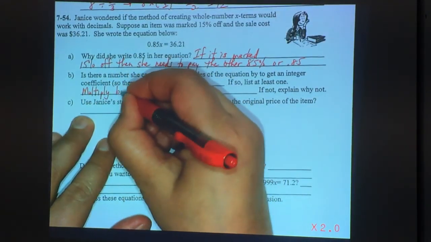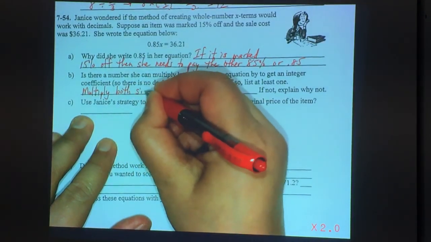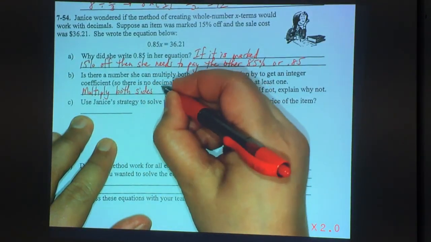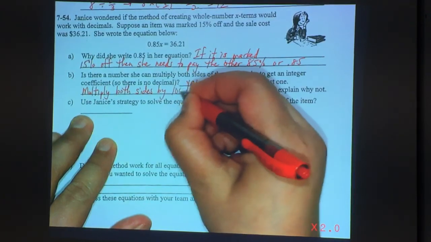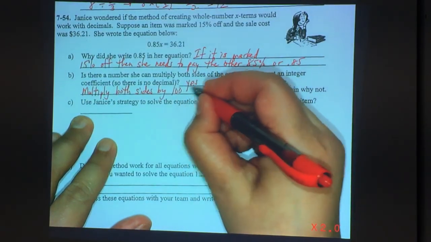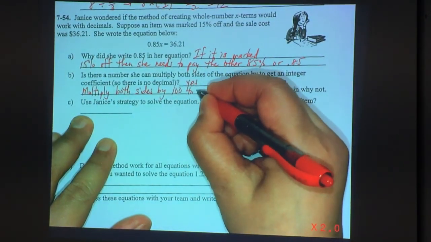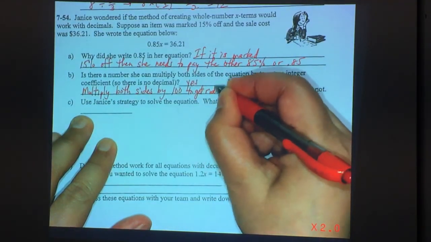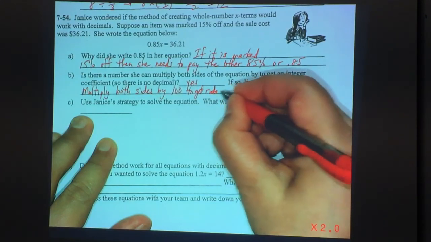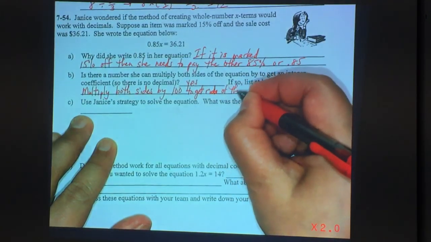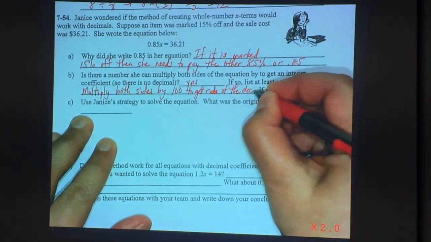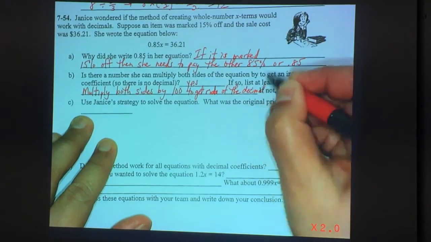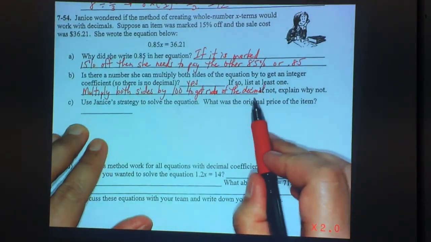Multiply both sides by 100 to get rid of the decimal. I hope you're listening. That says decimal.